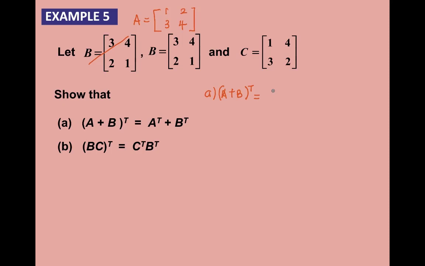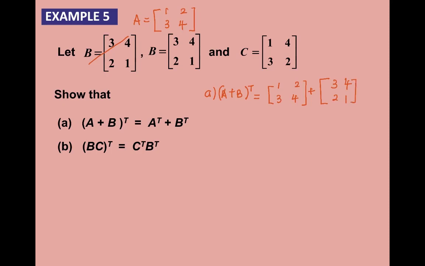Let's try to add these two matrices, A plus B. Matrix A is 1, 2, 3, 4, and we are going to add it with matrix B, which is 3, 4, 2, 1.